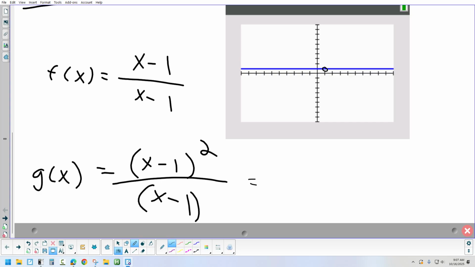Yeah? Would it just be x minus 1? Right, it's basically going to turn into 1 copy of x minus 1, because you have 2 in the top and 1 in the bottom, so 1 will cancel. So it's going to look like a line with a slope of 1 and a y-intercept of negative 1, except it'll have a hole in the graph at 1. Okay, so I'm not going to draw that one, but that's what it would look like.